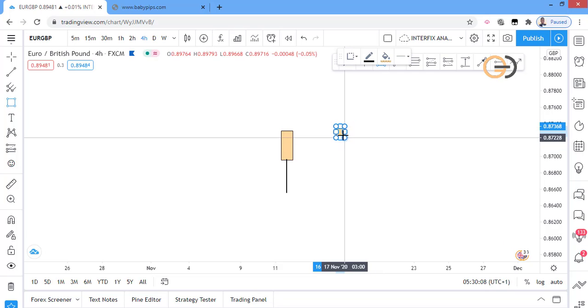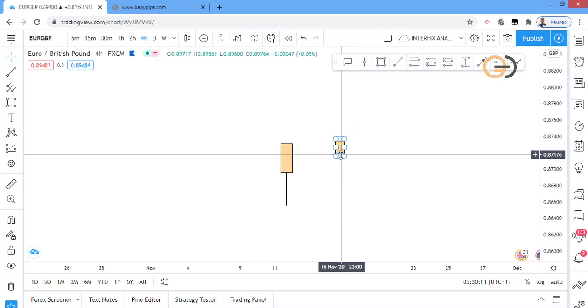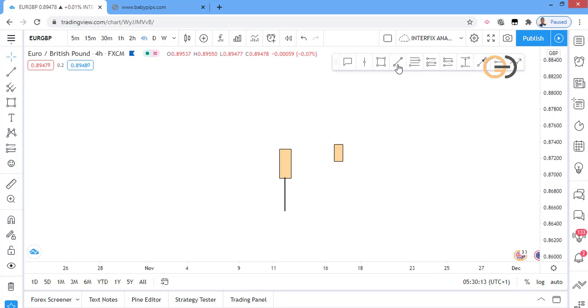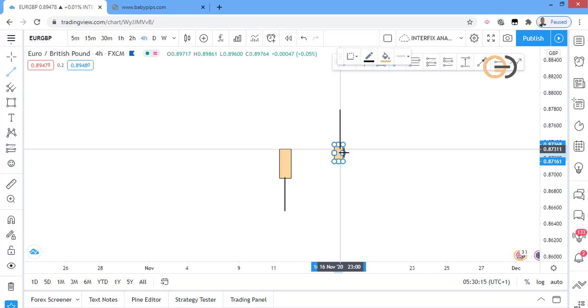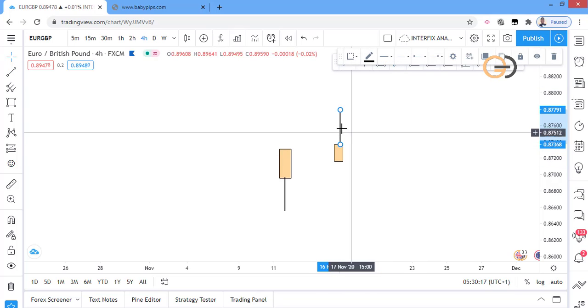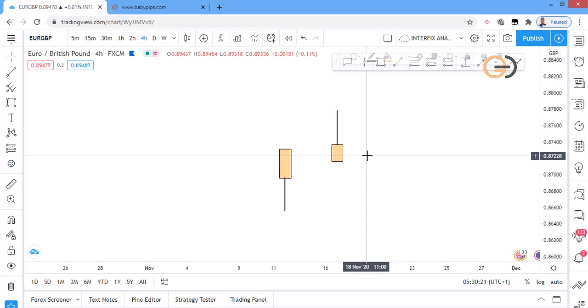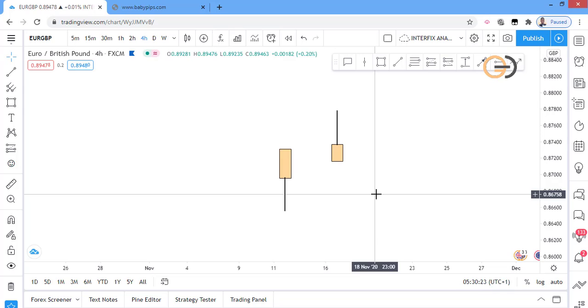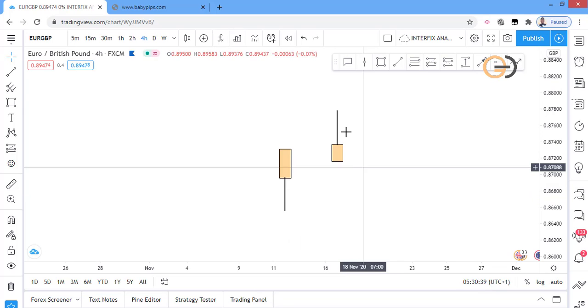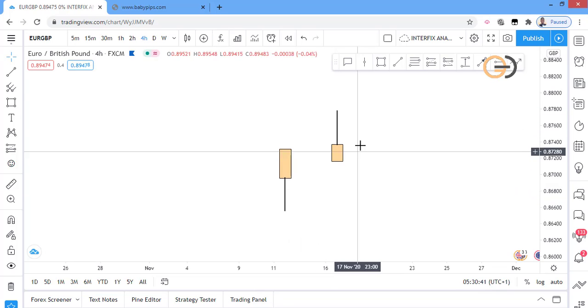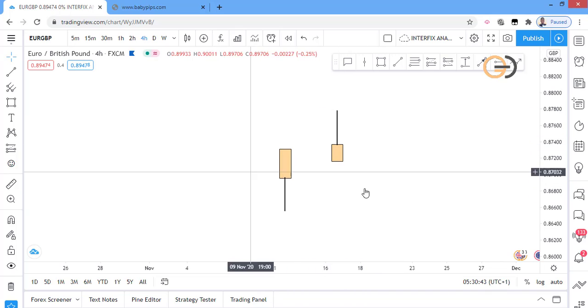And you can have another candlestick like this, and you see a very long wick to it. This is a sign of rejection. So you must understand these patterns at all times.